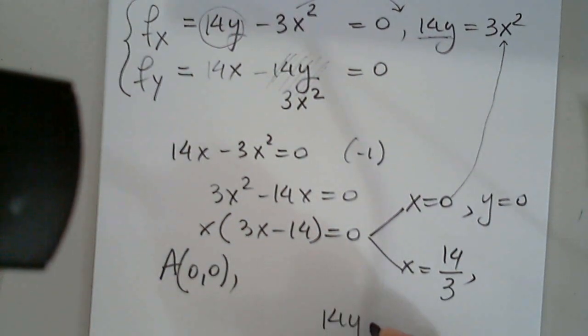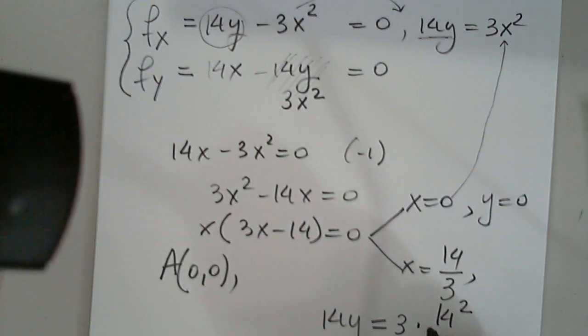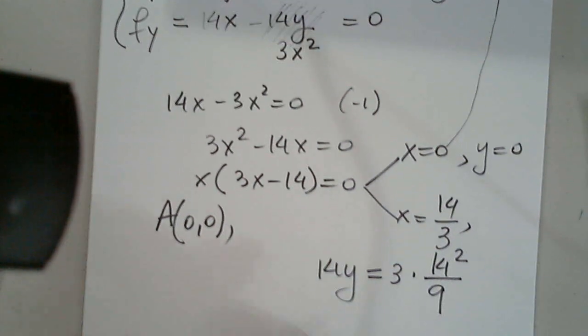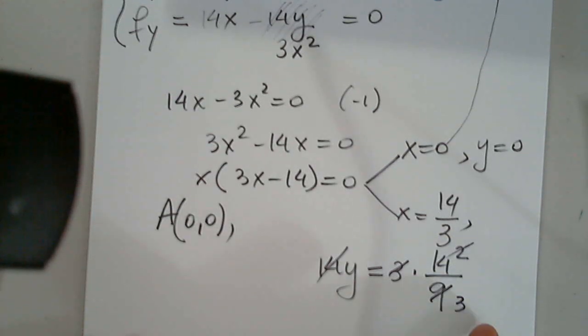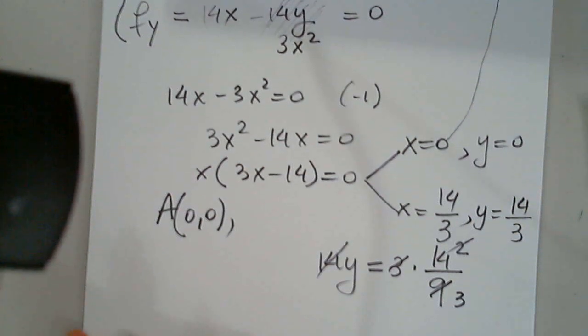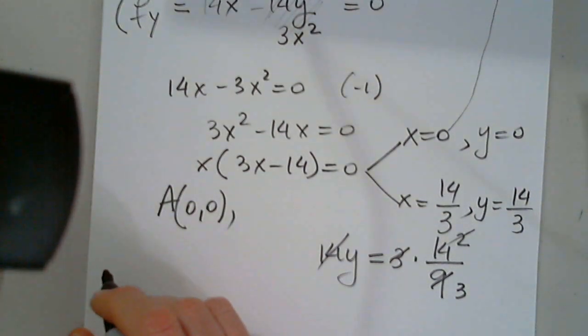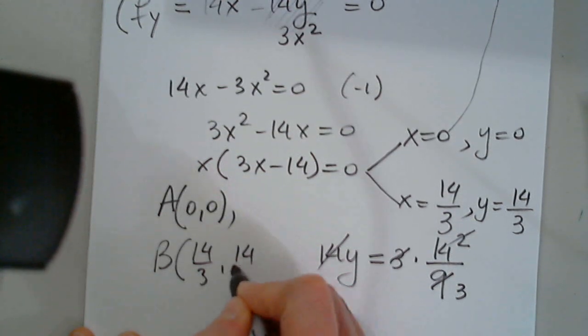I get 14y equals 3 multiplied by 14 squared over 9. When I simplify 14 from both sides and I simplify a 3, I get 14 over 3. Look at that. So the other point is B, 14 over 3, comma 14 over 3.